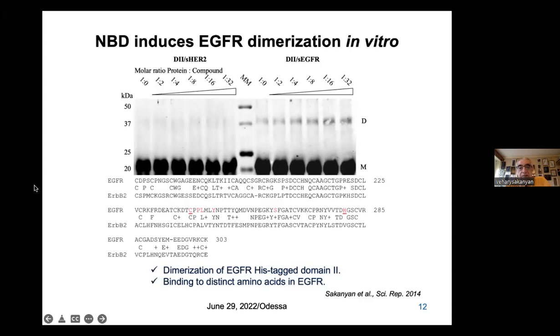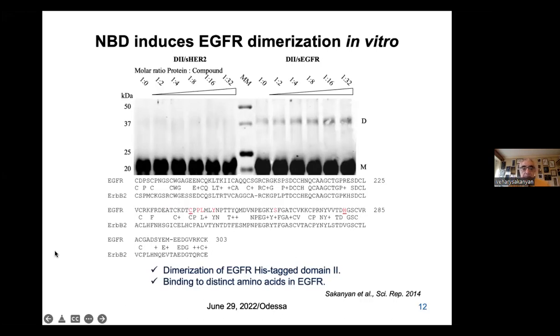So it seems there is some specific action related to the extracellular region of the protein. We suppose that probably there is some cysteine or histidine which could be important for this interaction.